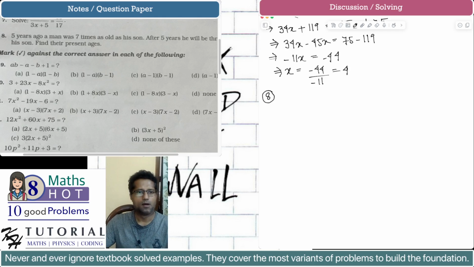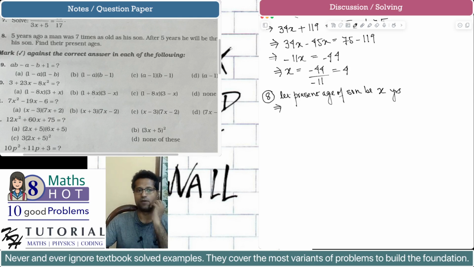So as usual, we will assume the present age of the son. So let the present age of son be x years. So this implies, it is given that 5 years ago, the man was 7 times as old as his son.